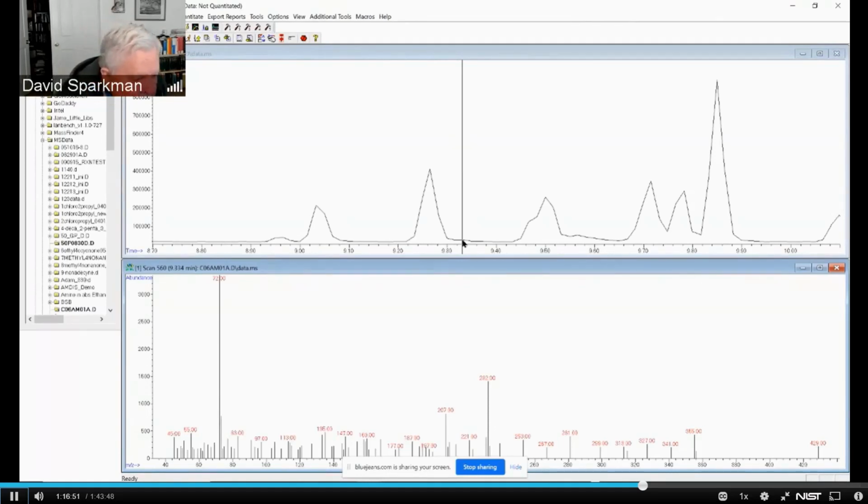I also saw that there was a fairly intense peak at m/z 232, which could be a molecular ion peak. And if it was a molecular ion peak, it was probably that of an aromatic compound because aromatic compounds give intense molecular ion peaks relative to other peaks.